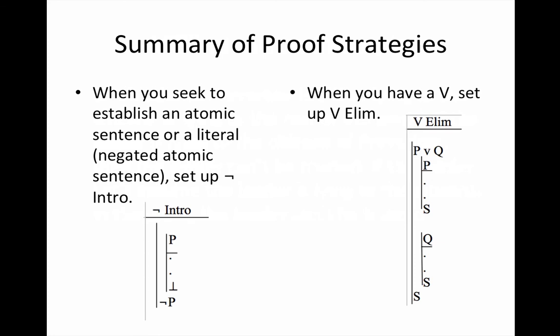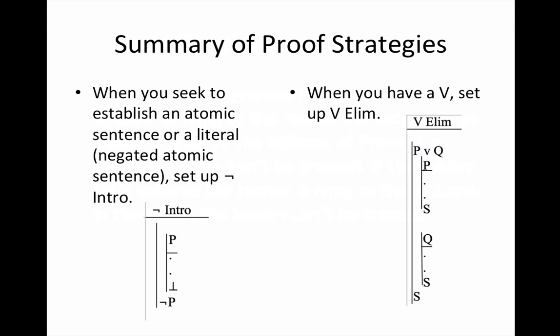Our 2 strategic rules are negation intro and disjunction elimination. My advice to you is the following. Enlist negation intro whenever your argument's conclusion is an atomic sentence or a literal, that is a negated atomic sentence, but you can use negation intro for any argument, again, assuming the argument's valid, right?